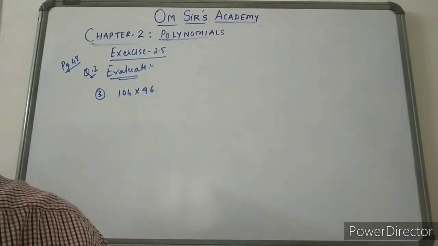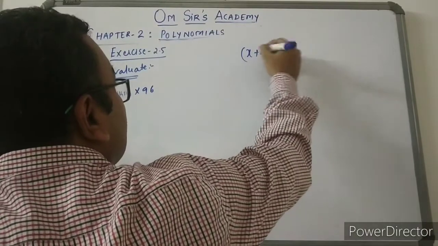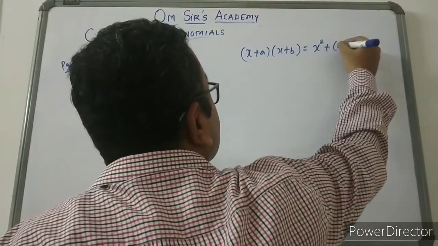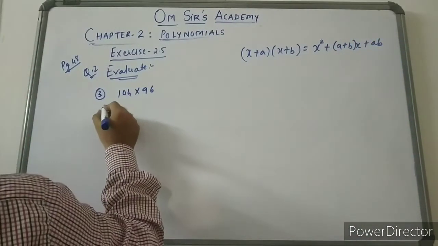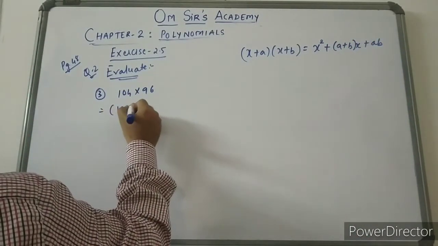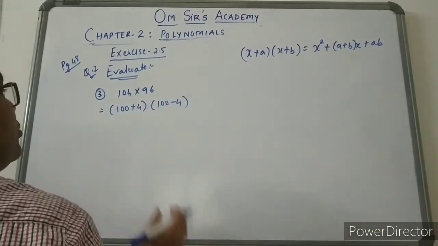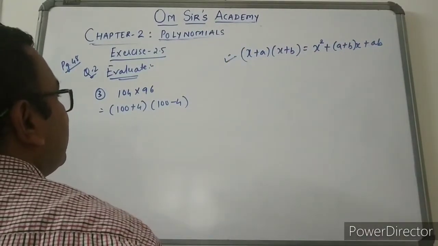Now see friends, the same identity again. (x plus a) into (x plus b) is x square plus (a plus b) into x plus ab. But here what we will do is, we can write this as 100 plus 4 and 100 minus 4. We can do it with this identity also, but the easiest one is what?